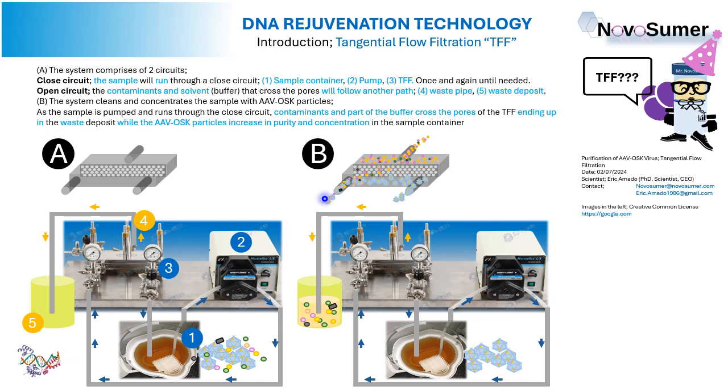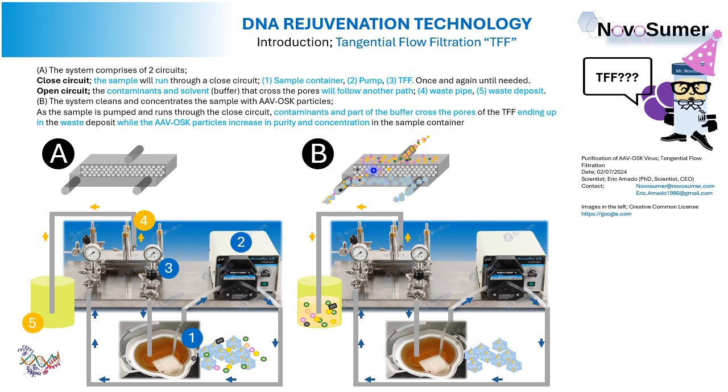And as it crosses the TFF device, the contaminants and part of the buffer that are very small cross the TFF pores, the TFF membrane. You see here, right? So the contaminants and part of the buffer go out of the TFF device through the waste pipe, through here.